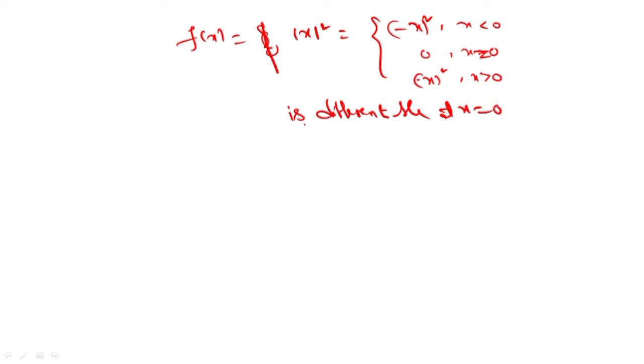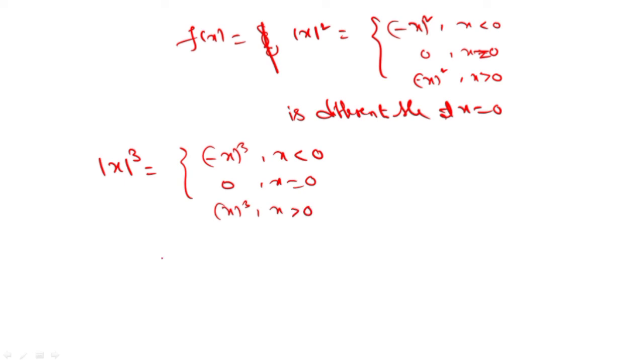Similarly, mod x whole cube: when we take mod x, this is minus x whole cube for x less than 0, 0 for x equal to 0, x whole cube for x greater than 0.